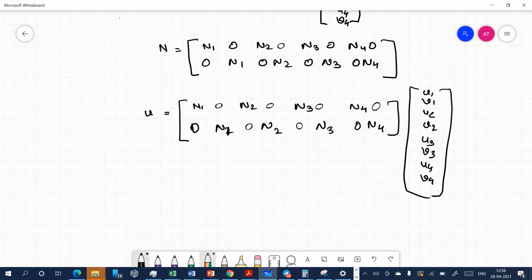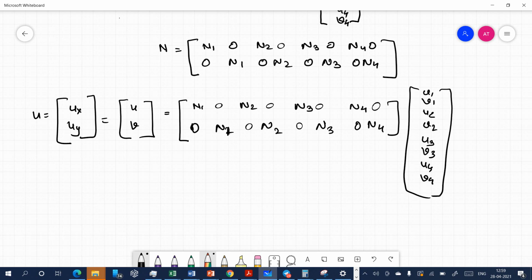So u is actually ux and uy, which you can represent as u and v, and that will be the value at any point in the element. This is the interpolation, right?